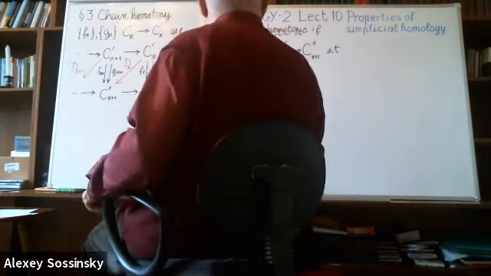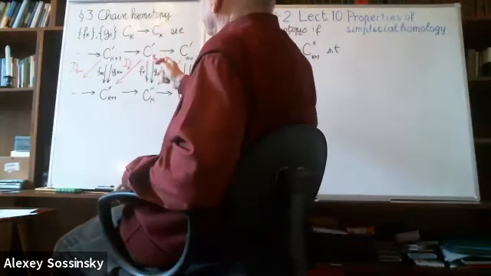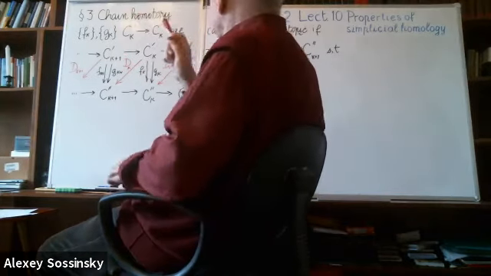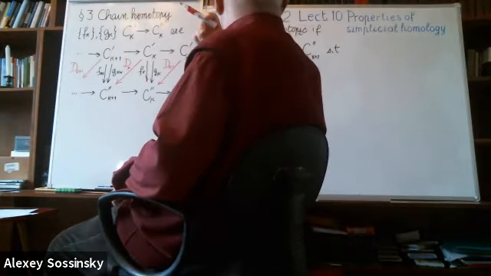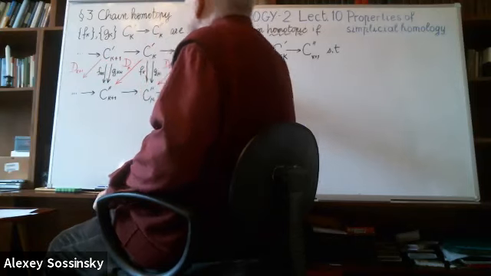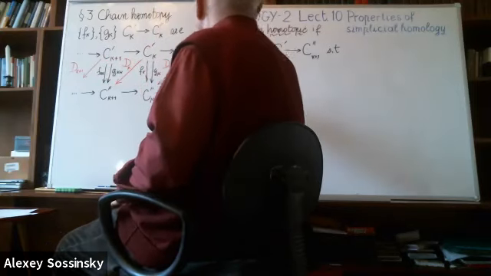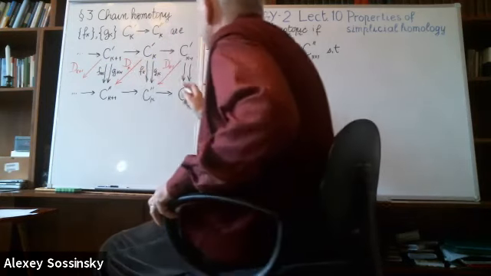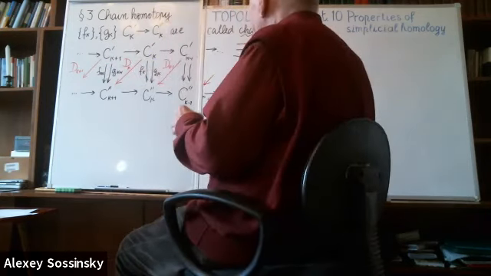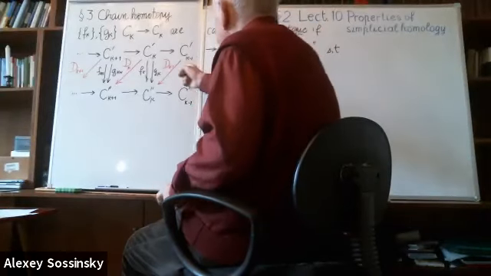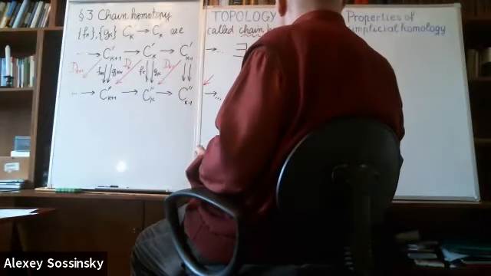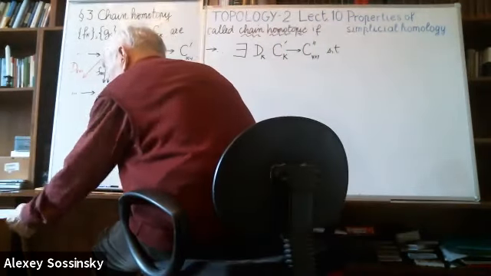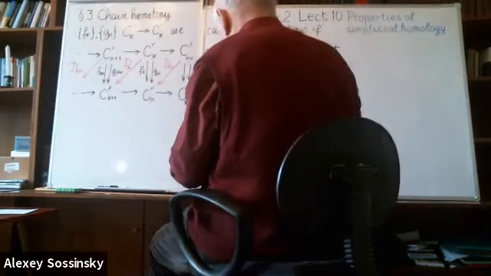So these two maps, or these two morphisms of chain complexes, are called chain homotopic if we have a sequence of group homomorphisms D_k such that we have the following equation.